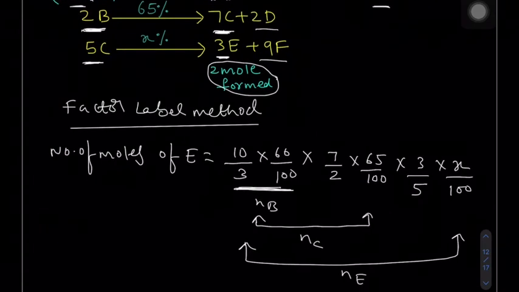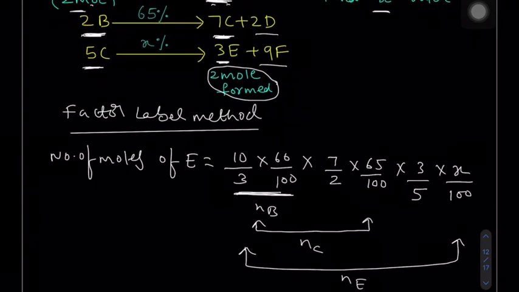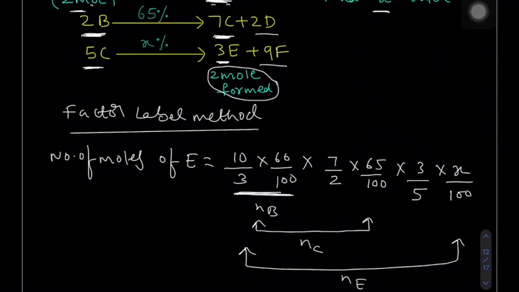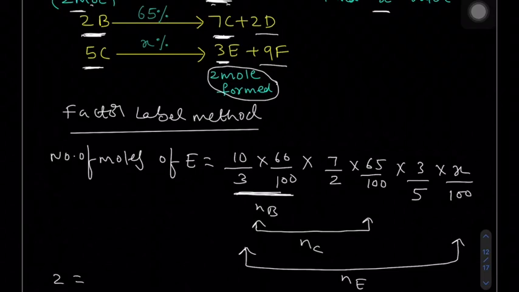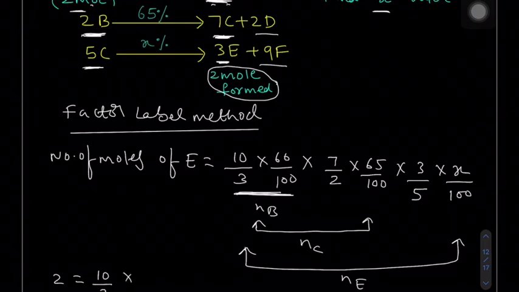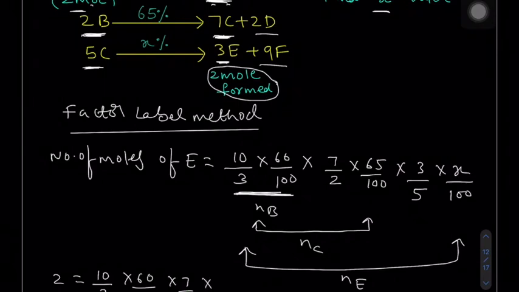Okay. Now in the question, what is the number of moles of E given to you? 2 moles. So I am writing the number of moles of E, 2, is equal to 10 by 3 into 60 by 100 into 7 by 2 into 65 by 100 into 3 divided by 5 into X%.